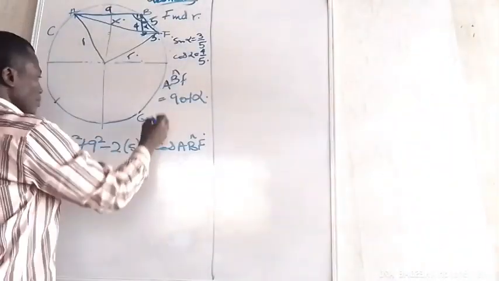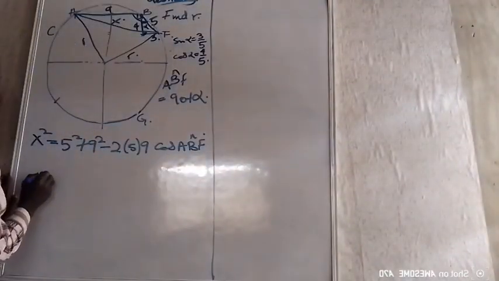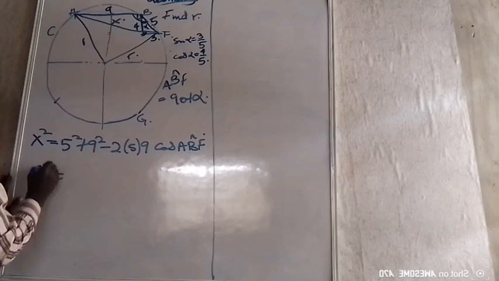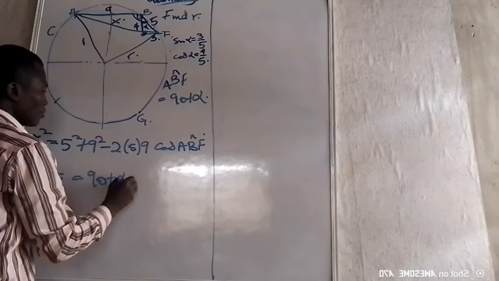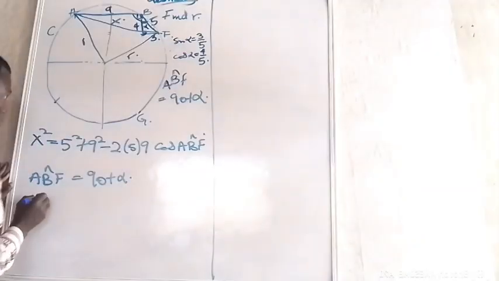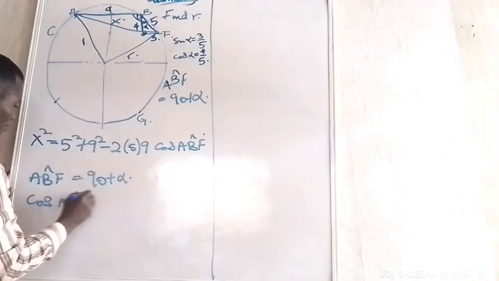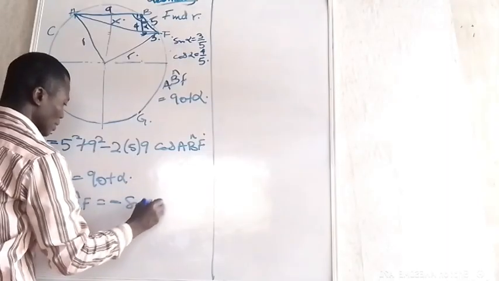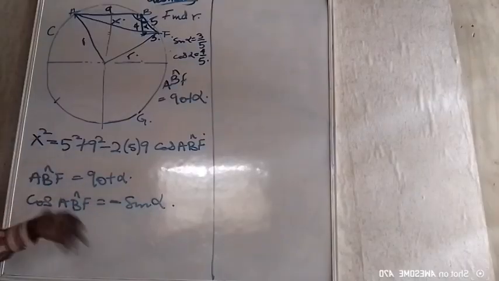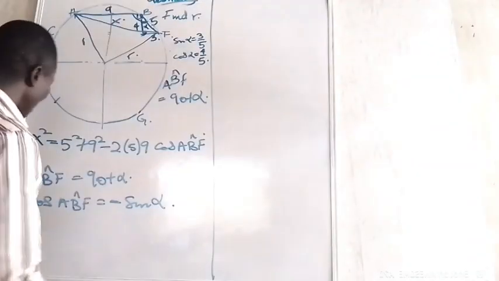I know that ABF is equal to 90 plus alpha. Therefore, cos ABF is equal to minus sine alpha with this relationship. So let us introduce this into this equation.